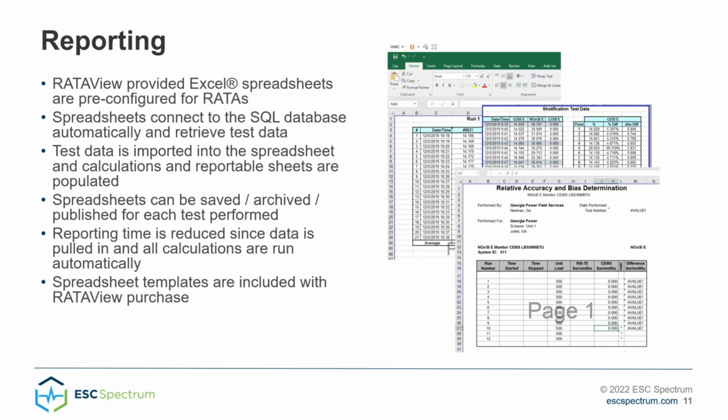Test data is imported into the spreadsheets, and all the data on the spreadsheets are populated from those green tabs I mentioned earlier. They can be saved and archived and handed over to the customer. The reporting time is obviously going to be reduced because you're not hand entering everything. And as I said, they're included with a RATAView purchase.